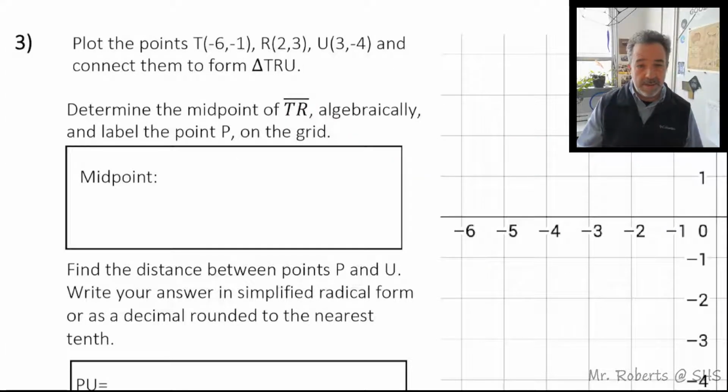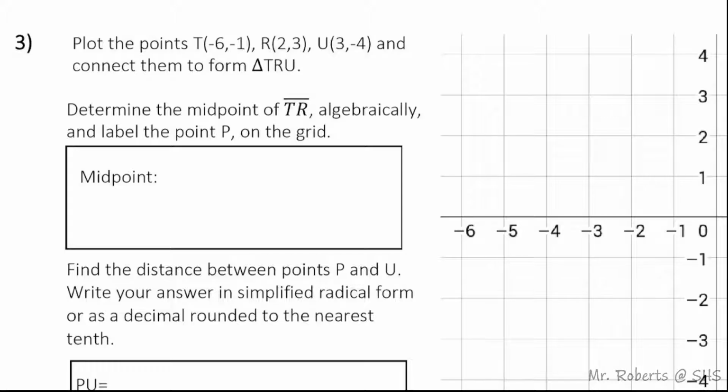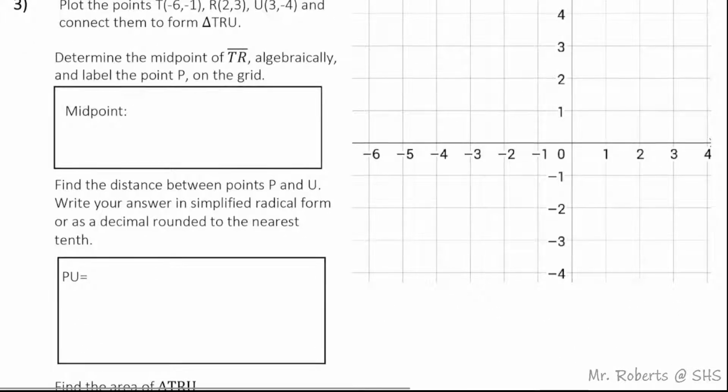Onto our second page. It says plot T, R, and U to form a triangle. So let's go ahead and plot those points. T lives at -6, -1. So here's point T. And then point R lives at 2, 3. So this is my point R. Probably should label these.